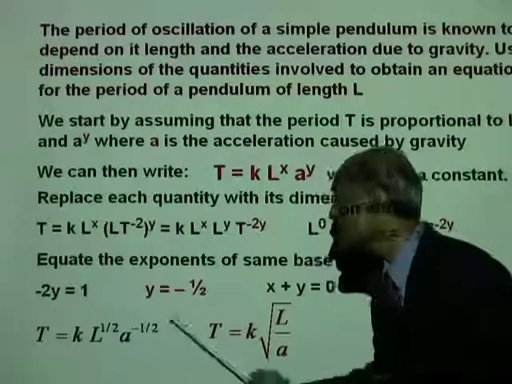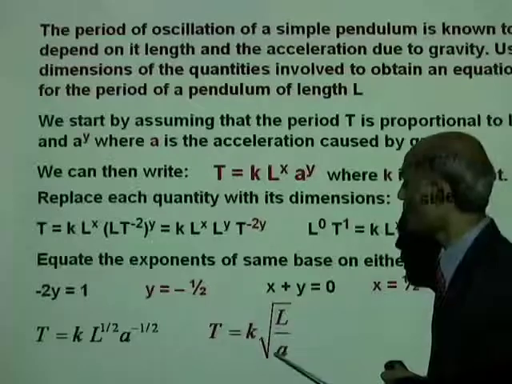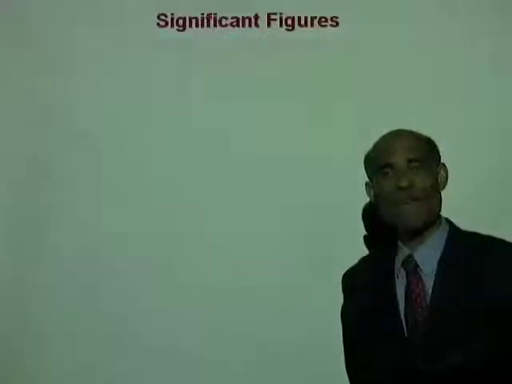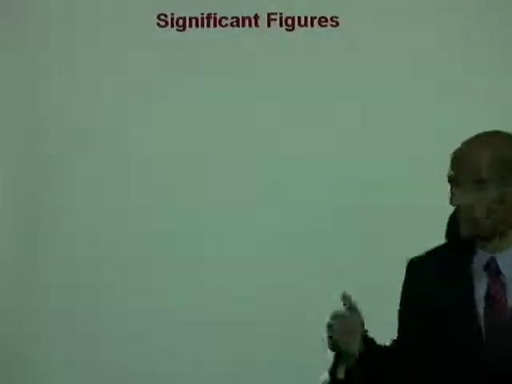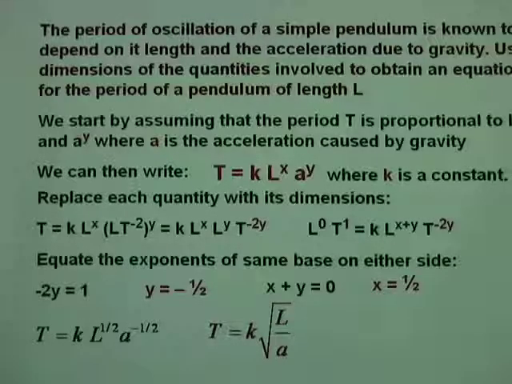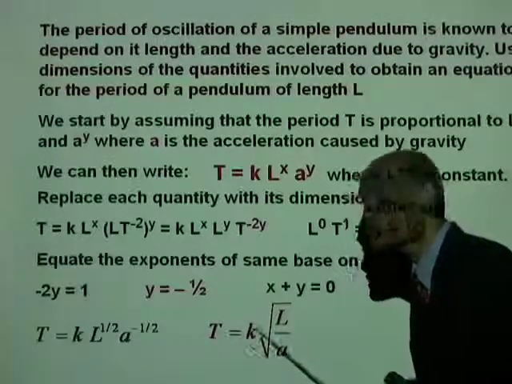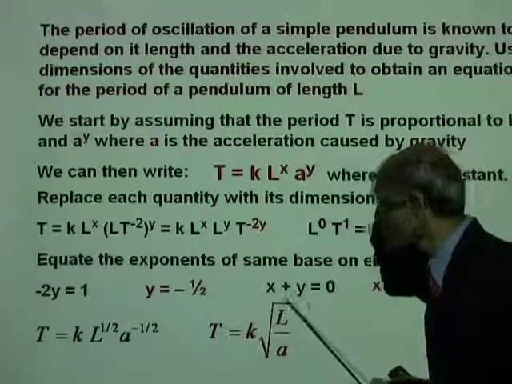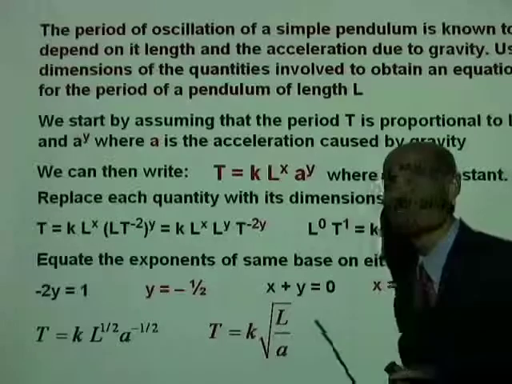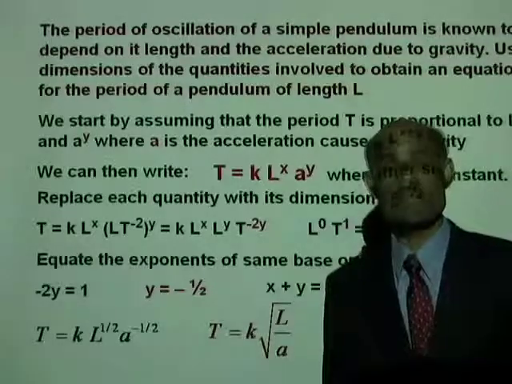That will be T equal to K times square root of L over A. And this is T, the period of the pendulum, is a constant times square root of length divided by acceleration caused by gravity.